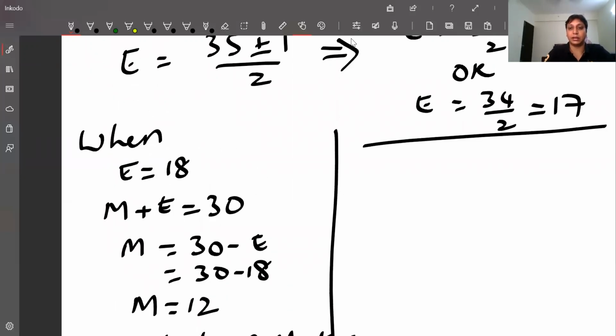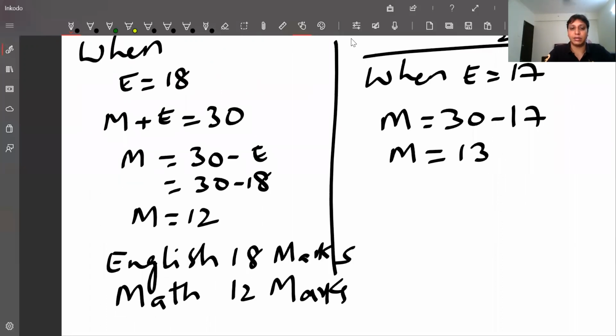When E is equal to 17, then M plus E is equal to 30, so M will become 30 minus 17, which gives us M equal to 13. So when English marks are 17, math marks are 13.